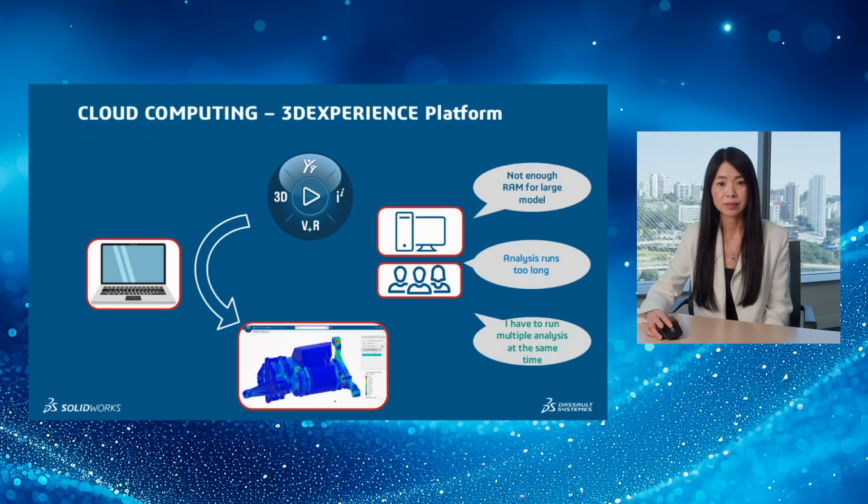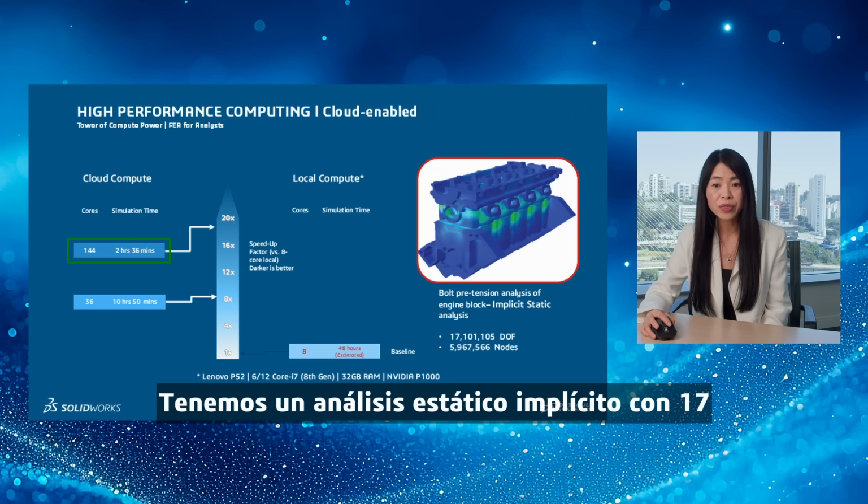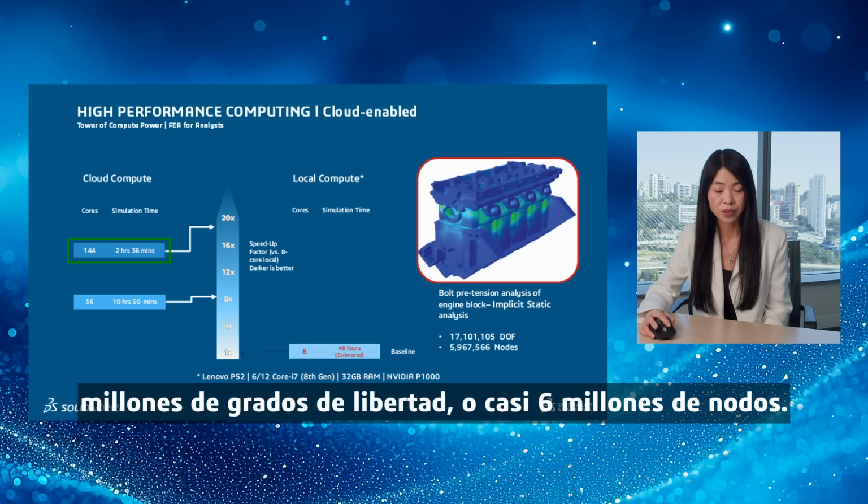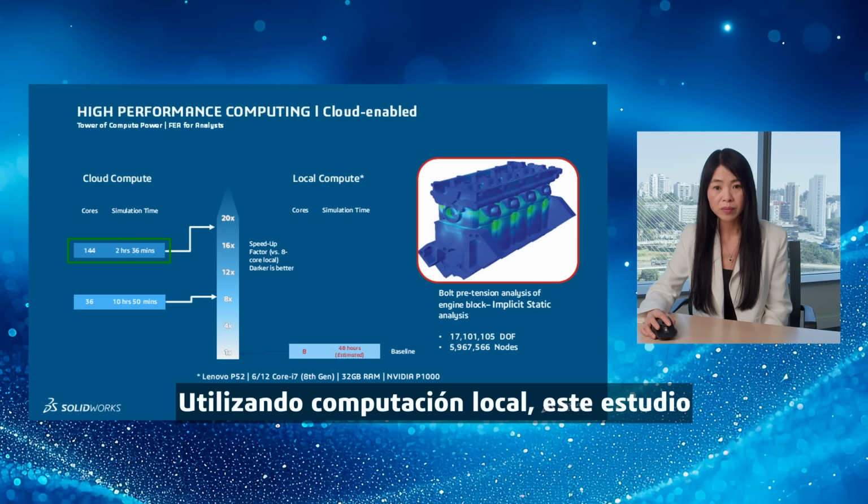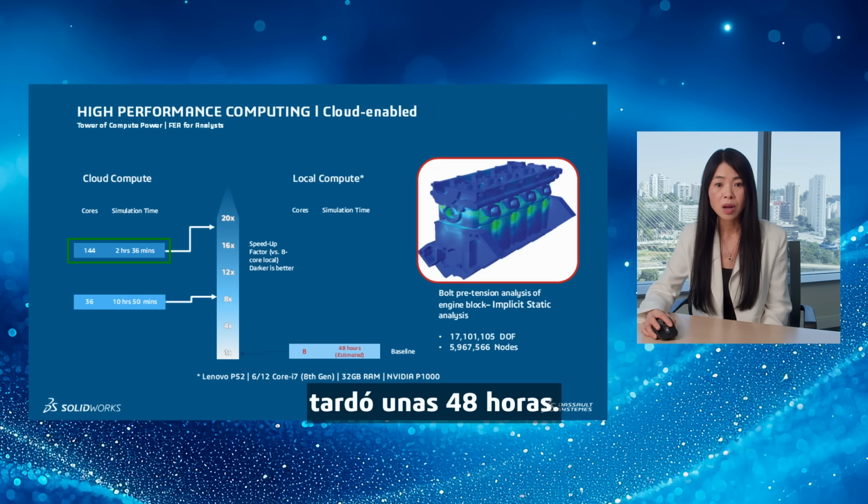Here is an example of a bolt pretension analysis of an engine block. We have an implicit static analysis with 17 million degrees of freedom, or almost 6 million nodes. Using local computing, this study took about 48 hours.